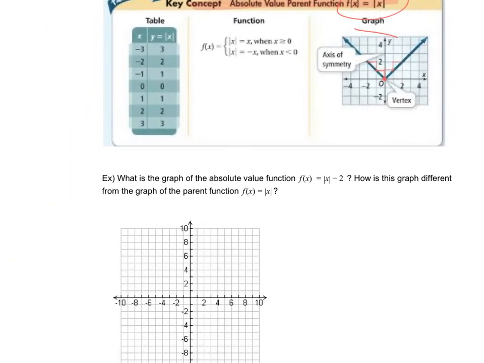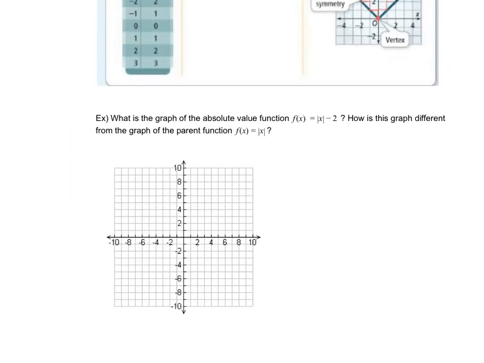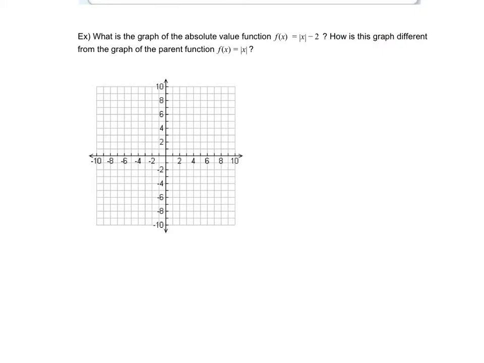All right, so now the example says, what is the graph of the absolute value function f of x equals the absolute value of x minus 2, and how is this graph different from the graph of the parent function? So let's go ahead and make a table.